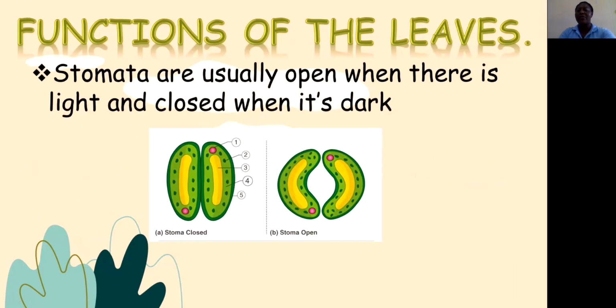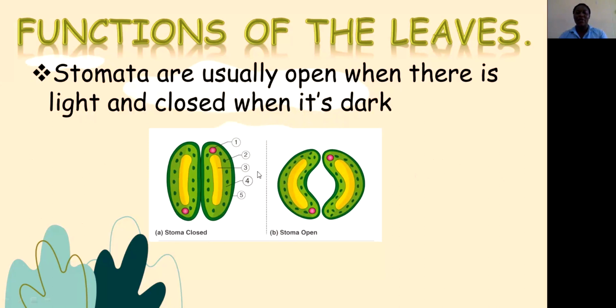Now, stomata are usually open when there is light and closed when it is dark. For example, now it is daytime, there is light outside. Now the stomata on the leaf, they appear like this. We have said that they are closed when it is dark and open when it is light.